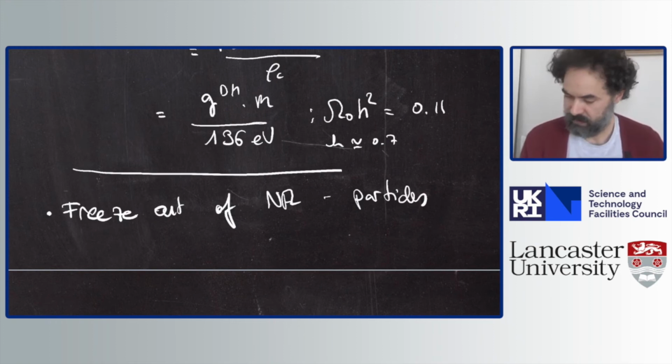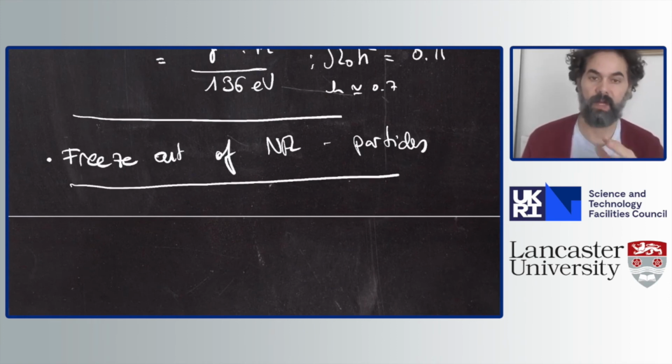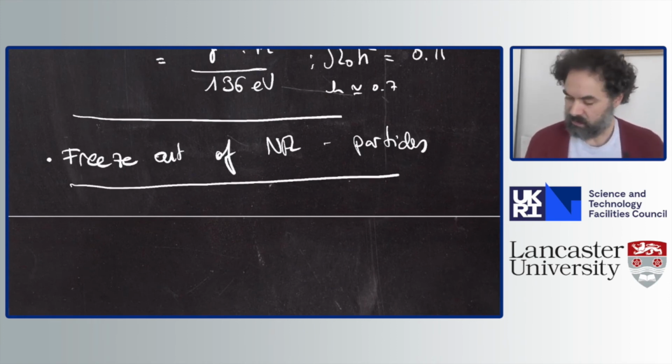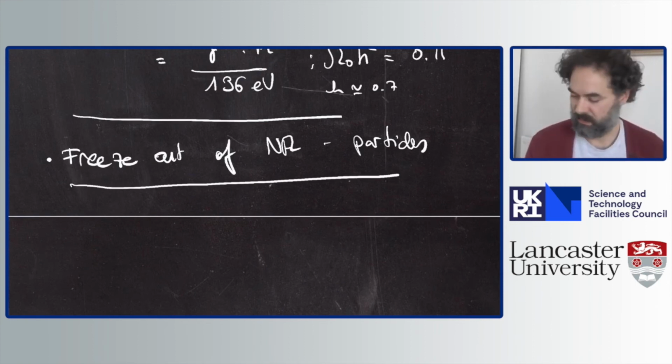This calculation is way more complicated, so I'm just going to give you some orders of magnitude, and you can find more explanations in the notes by David Cerdeño that I will also provide to you. For this crash course, what I'm telling you should be enough.